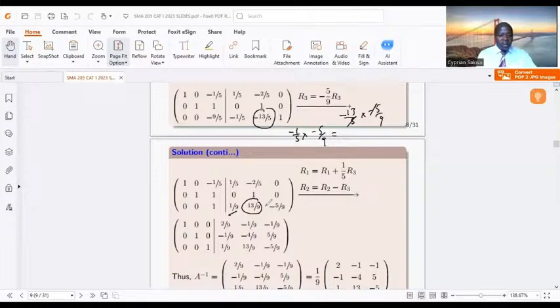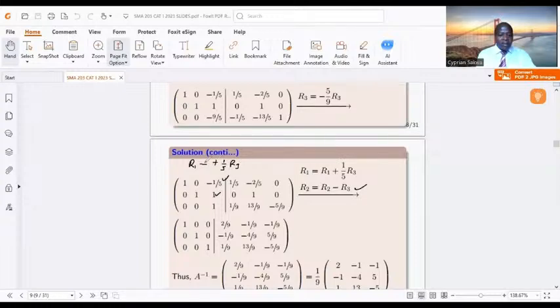Now, what you want is to have a 0 here and a 0 here. How do you get a 0 here? This one is easy. To get 0 in row 2, just take row 2 minus row 3. That's what I have written. And to get a 0 in row 1, take row 1 minus 1 out of 5 of row 3.